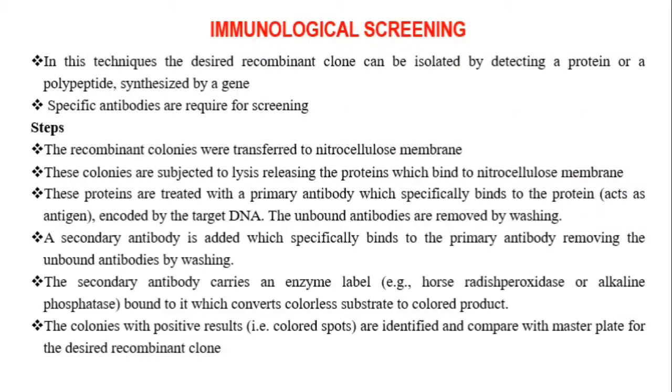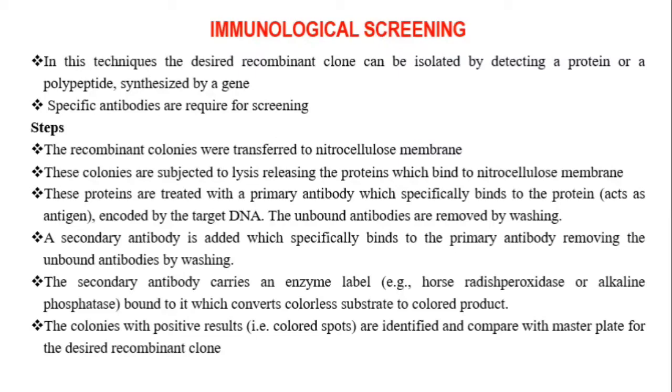In this technique, unlike the previous techniques, colony hybridization and plaque hybridization, where we needed DNA probes, here, instead of that, we need specific antibodies. Specific antibodies are required for the immunological screening of recombinant clones.